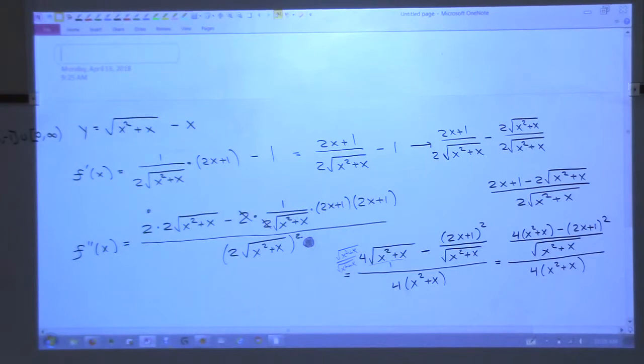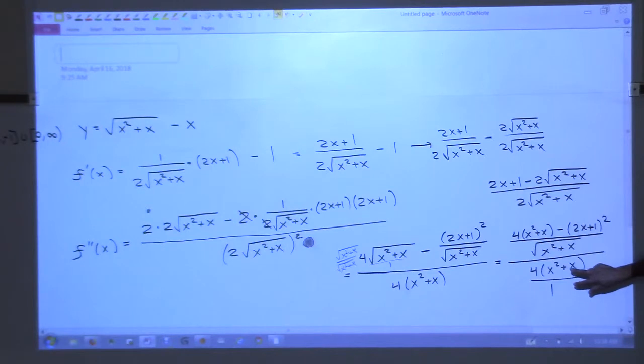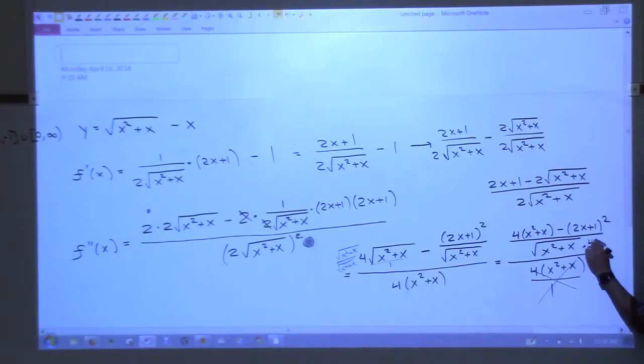One more line. This over 1, right? Fraction over fraction, flip. So this is going to go away. And down here, I'm going to get the 4 and then the x squared plus x down there with it, right?